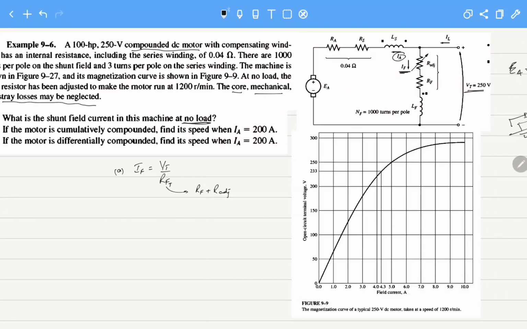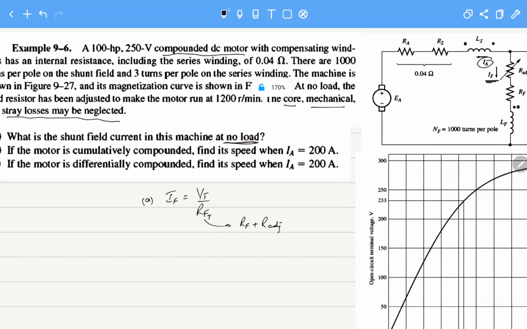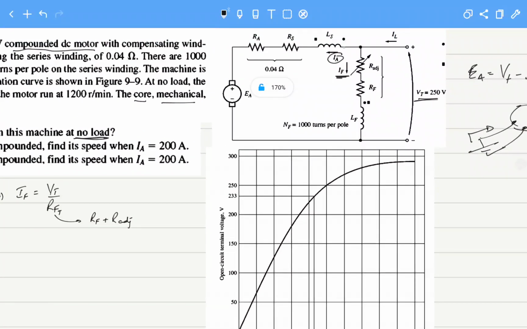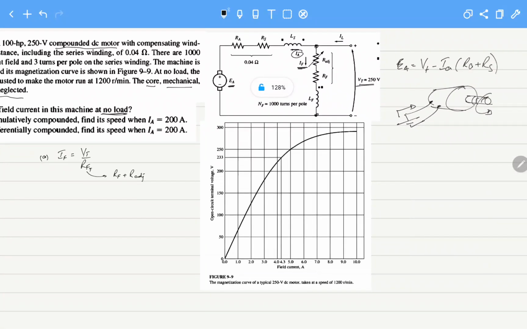No, there is no value given, but there is another important observation here. When the current Ia is 0, Ea will have the same voltage as Vt, because there is no voltage drop across Ra plus Rs. So Ea is equal to 250 volts, which is the open-circuit terminal voltage, that means no load condition.